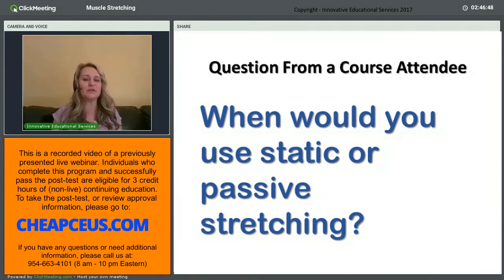So we tend to use that static or passive stretching more in not our neurological case where we have spasticity that we're trying to manage.